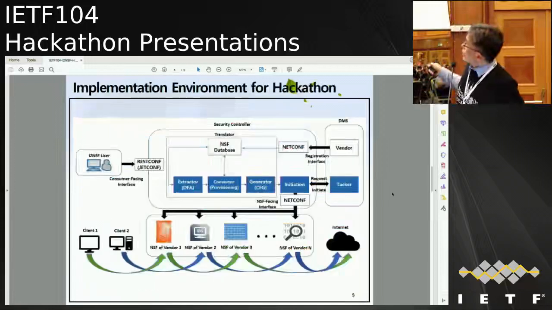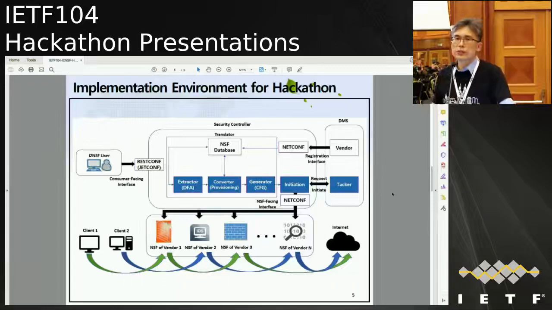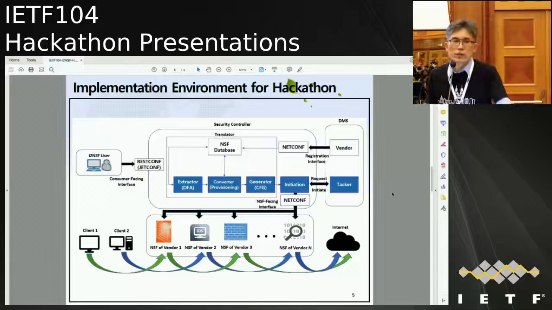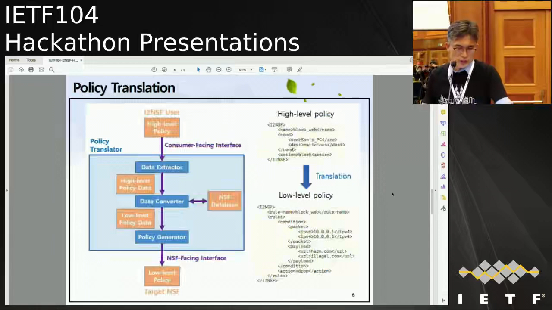So this time we implemented the translation: the I2NSF user is an administrator, specifies a security rule, and the high-level security policy is delivered to the security controller, which then uses the NSF database to translate it into the low-level policy delivered to the NSF to enforce security policies. This is the structure of policy translation.